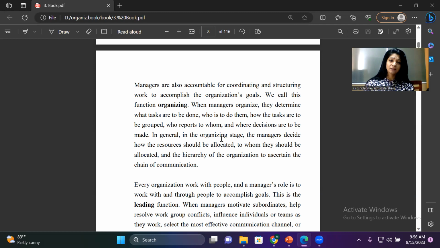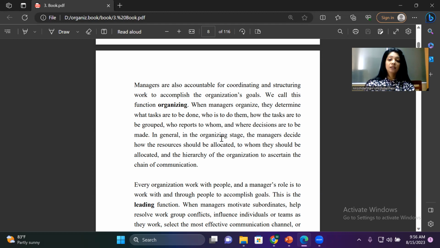What we do in organizing: when managers organize, they determine what tasks are to be done, who is to do them, how the tasks are to be grouped, who reports to whom, and where decisions are to be made.